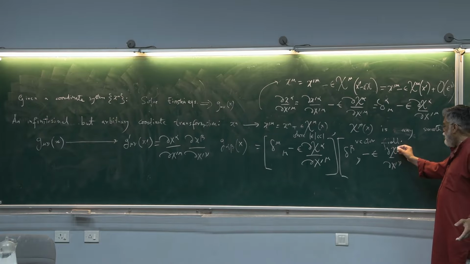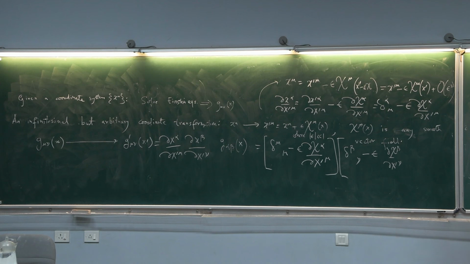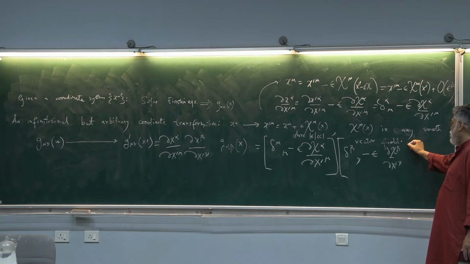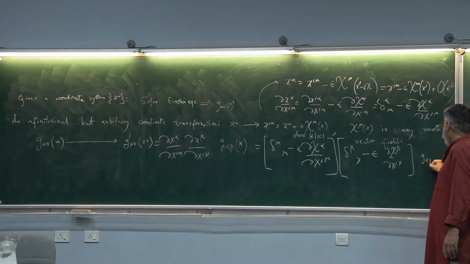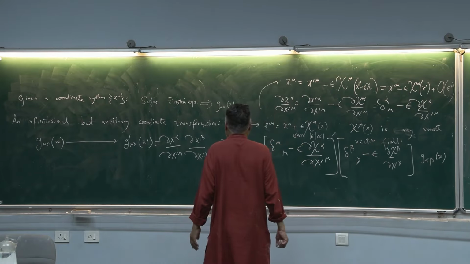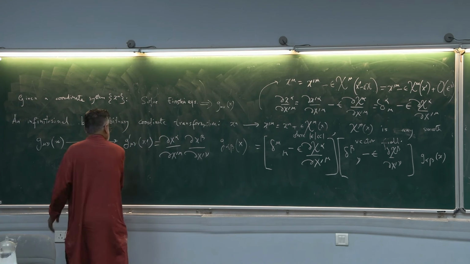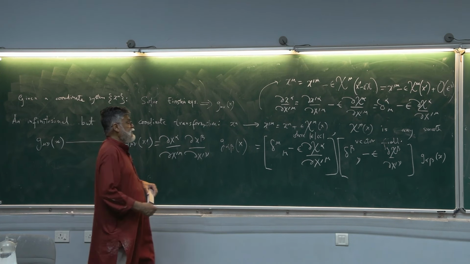But I am making it curly, so it's not x, it's curl chi. But you can figure out what is happening. Yeah, so del x^beta by del nu minus epsilon, del chi^beta by del x prime^nu, multiplied by g alpha beta of x. I understand your note. If you want, I can call it xi. Yeah, I can call it xi. So we can call this xi^mu.